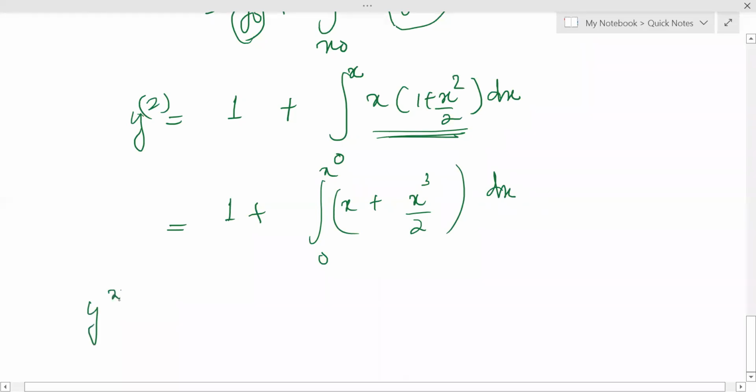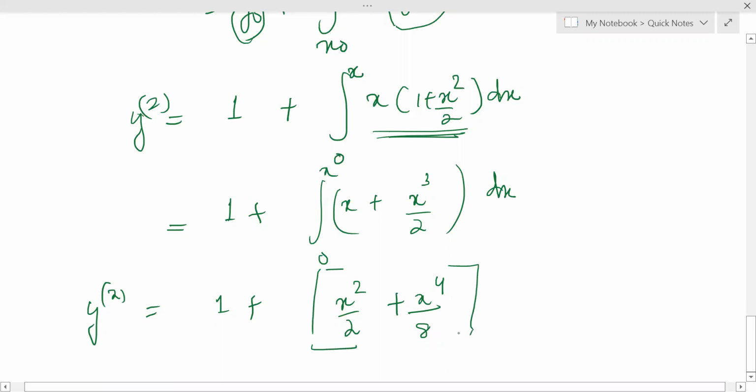Then the y2 value becomes 1 plus x square by 2 plus x4 by 8, and we put the limiting values 0 to x.